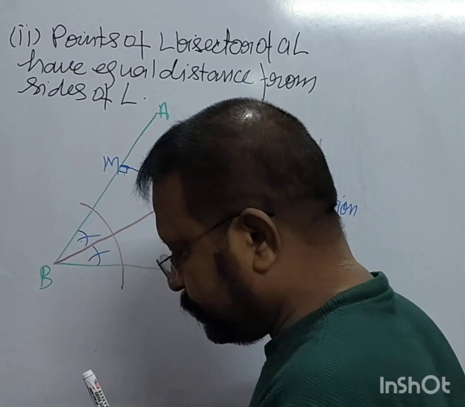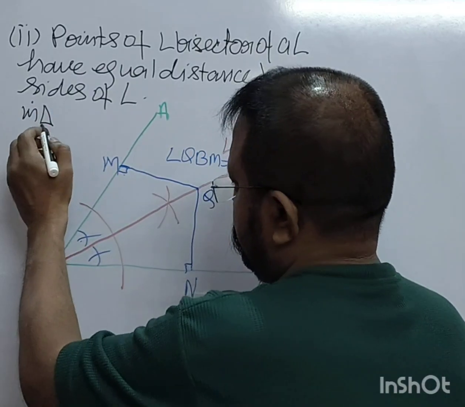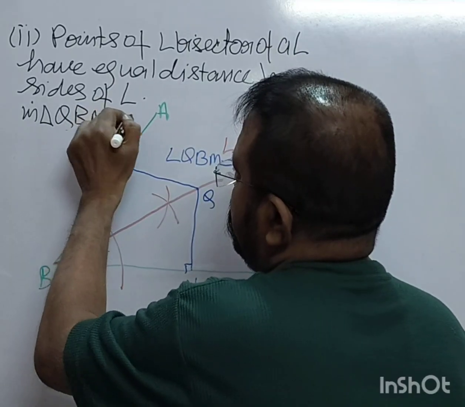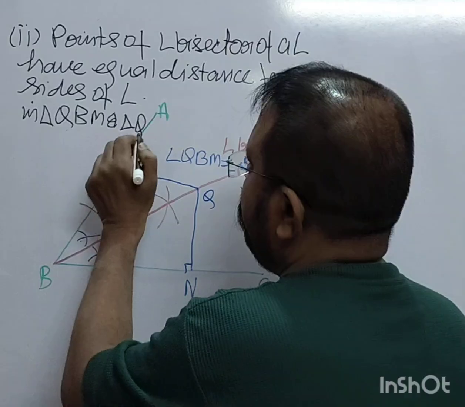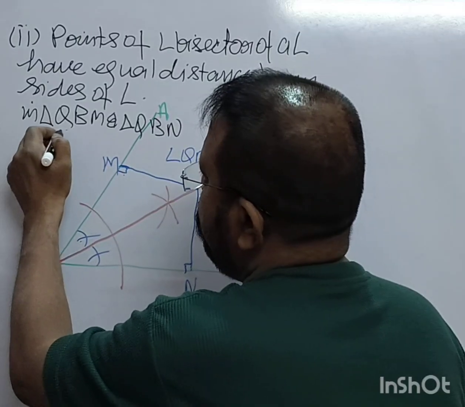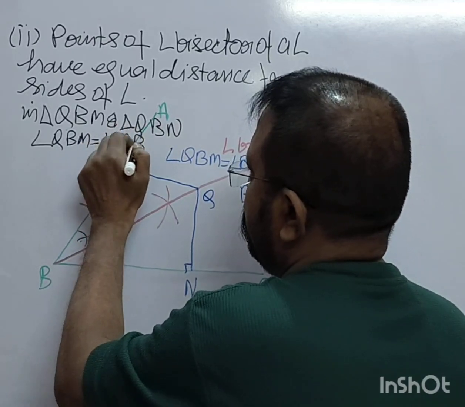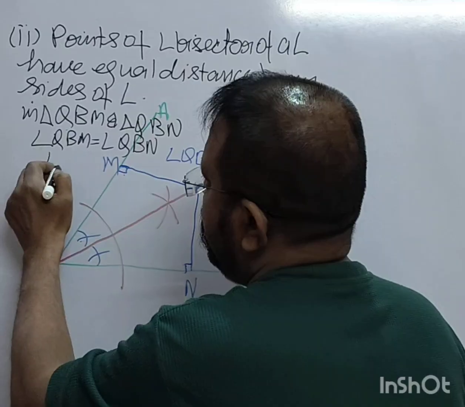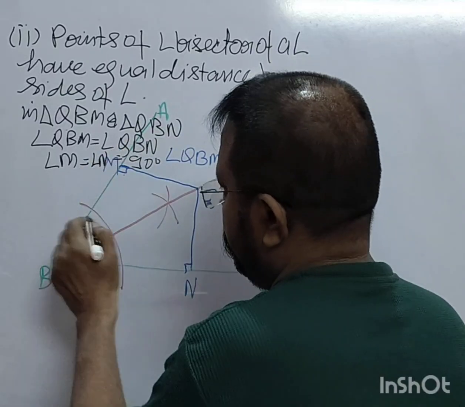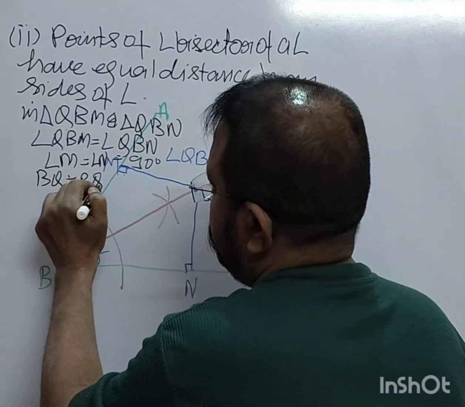So in triangle QBM and triangle QBN, angle QBM is equal to angle QBN, and angle M is equal to angle N, both 90 degrees, and BQ is equal to BQ, common.